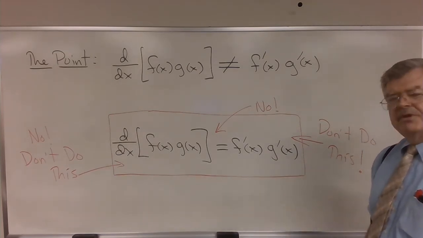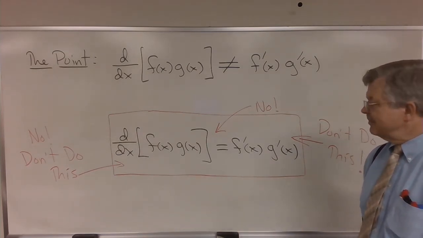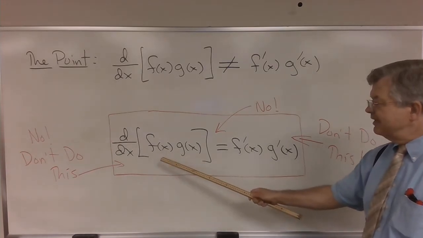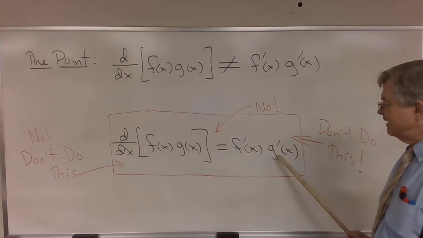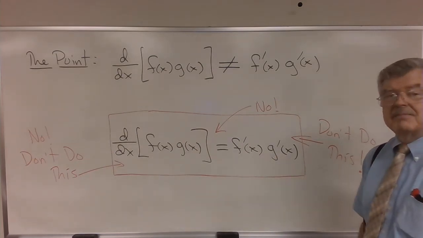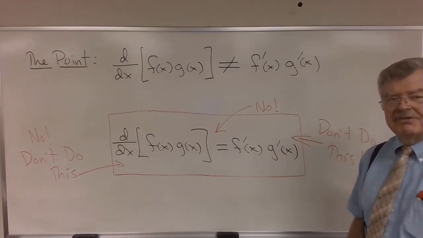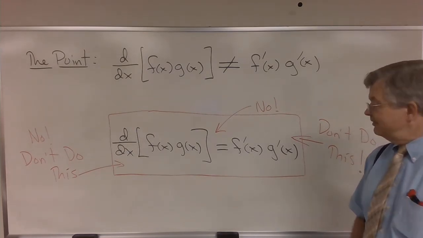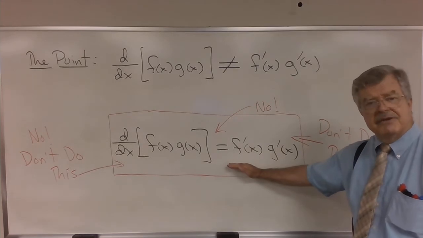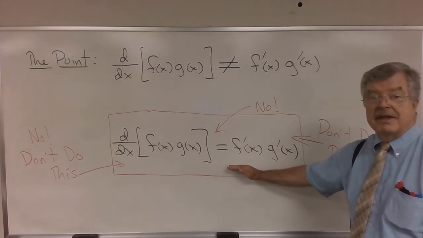We can't compute the derivative of a product by computing the derivative of the first factor and the derivative of the second factor and so on and multiplying them together. It doesn't work. And I'm beating this to death because this seems like a very reasonable thing to do. It really does.